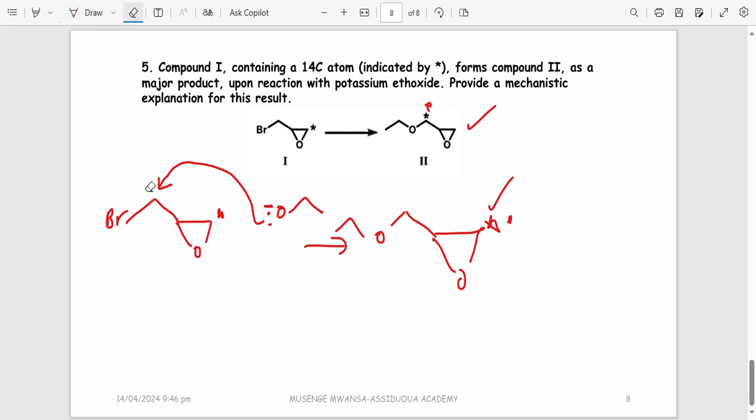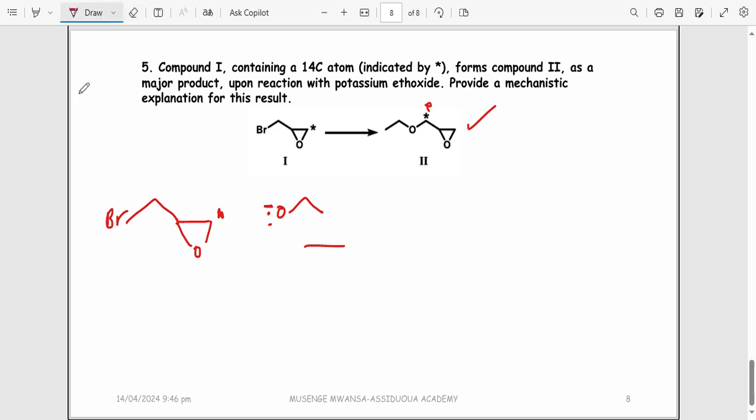Why? This ethoxide is going to attack the carbon that is attached to the oxygen, instead of attacking the carbon having the leaving group to displace it.